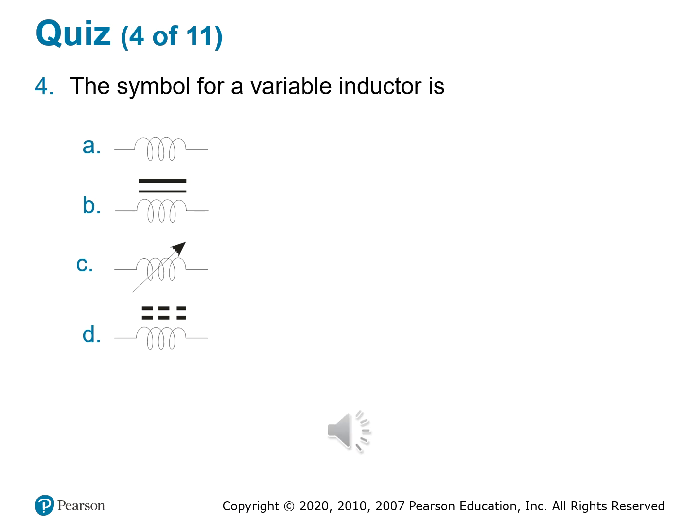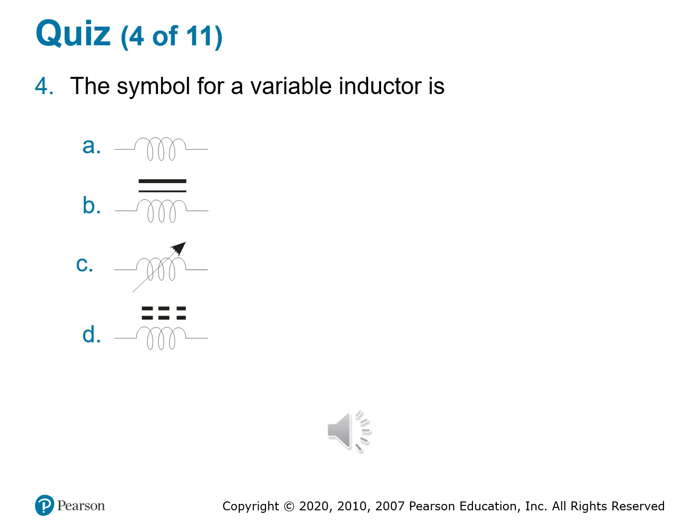Okay, this is quiz question number 4. The symbol for the variable inductor is, again, I can't describe these, A, B, C, or D? Let me try to describe them. A, the little squiggly line with nothing inside of it. B, the little squiggly line with a thick bar and a thin bar on top of it.